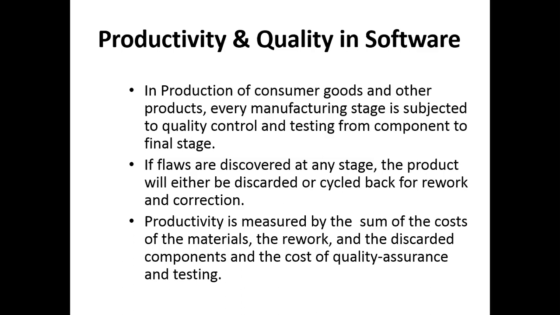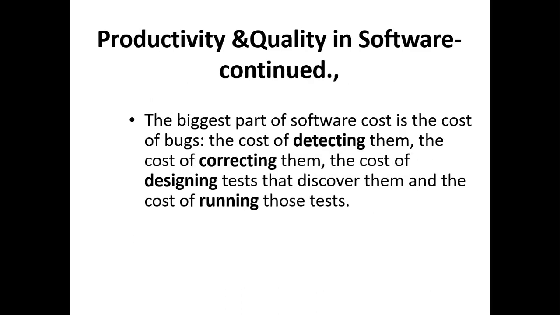For example, some file you have already developed is not useful for this software, and because of that you are getting errors or defects. And what is the cost of quality assurance? What is the cost you spend for testing? All these together are treated as productivity.